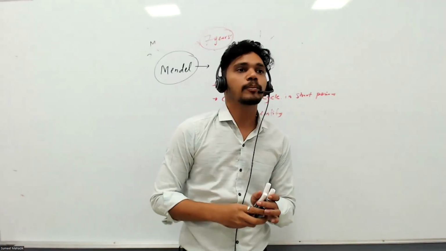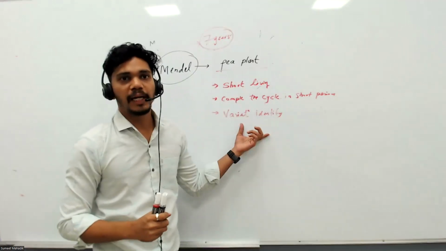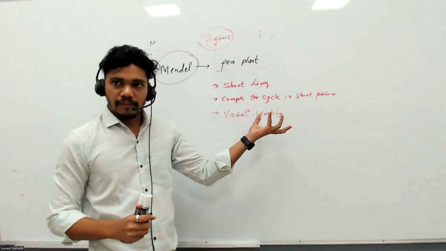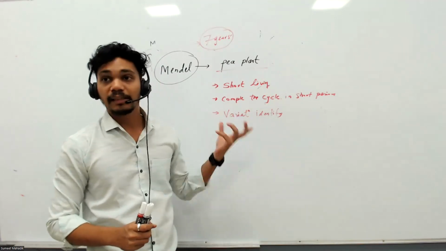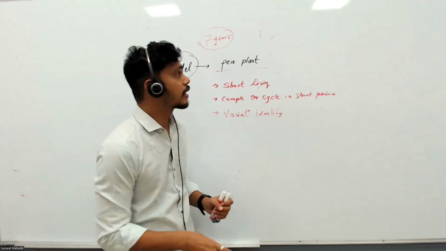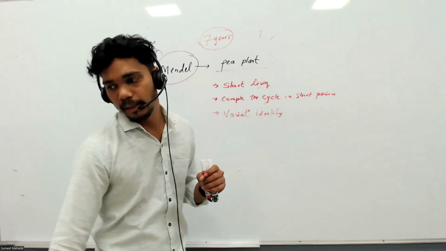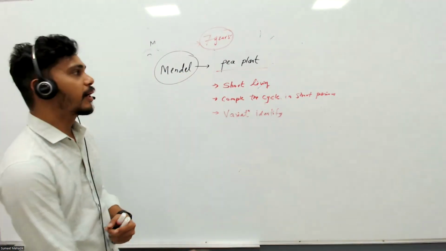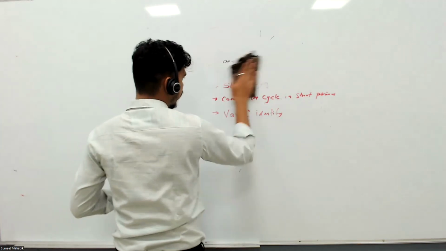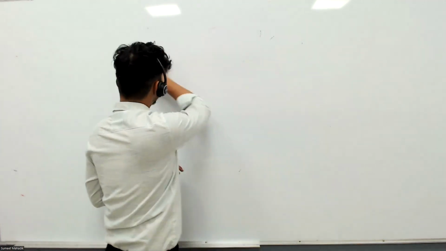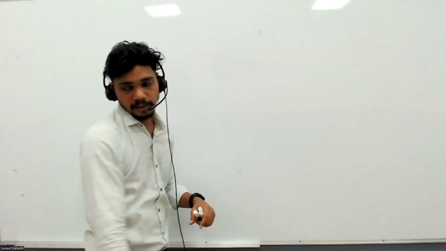The life cycle of a rose plant is not that short, while the pea plant is very easily available, and you can see the characters very easily, distinguishable characters. That's why the pea plant was chosen by Mendel: because it completes the cycle in a short period, and identification is very easy in that case.